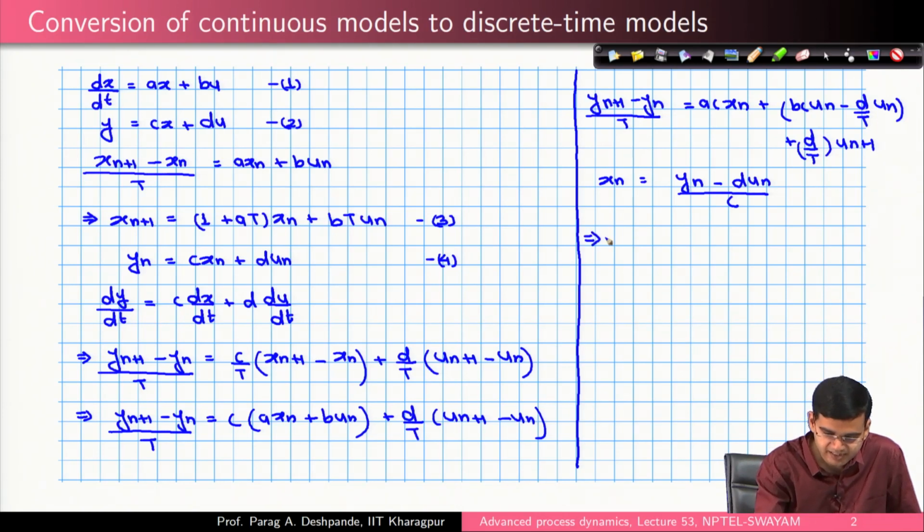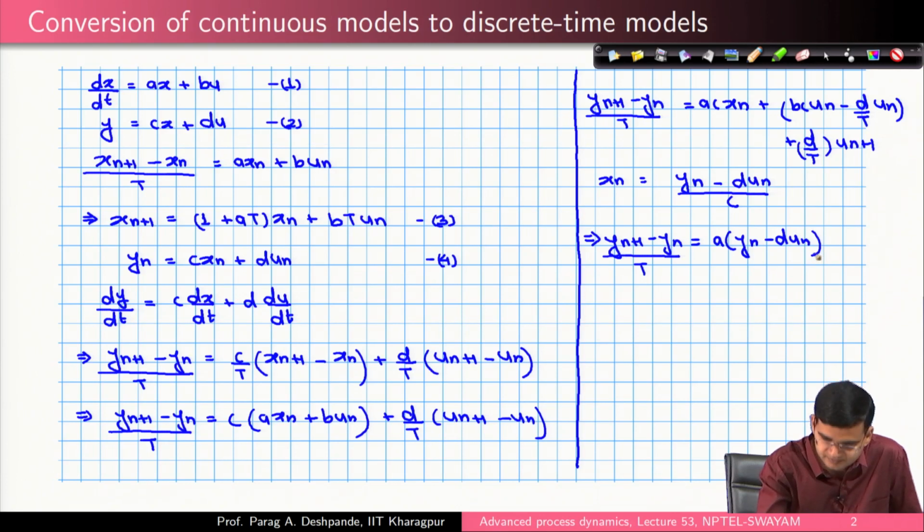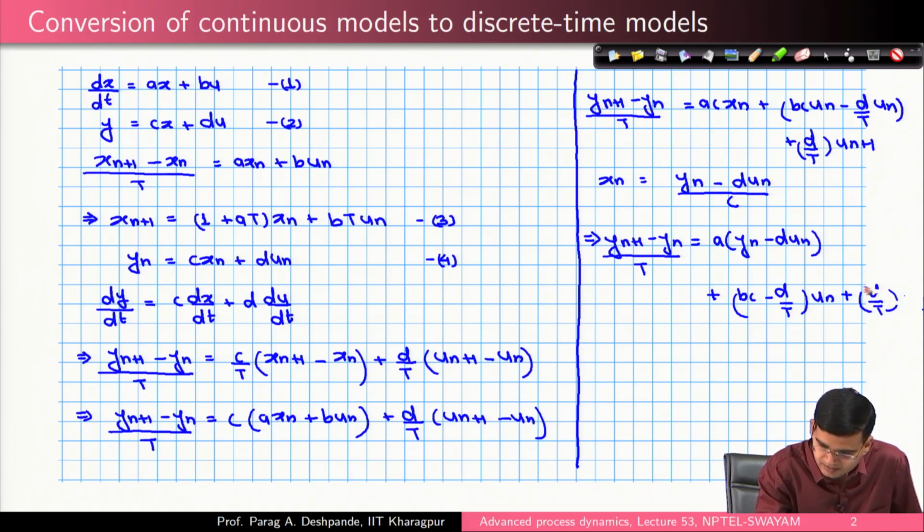So, from here I can write (y n plus 1 minus y n) upon capital T is equal to a (y n minus d u n), c c get cancelled out, plus (b c minus d upon T) u n plus d upon T u n plus 1.